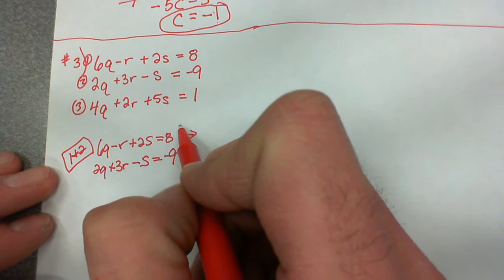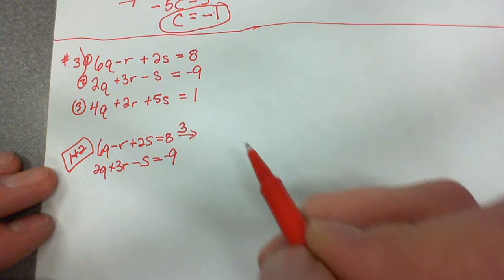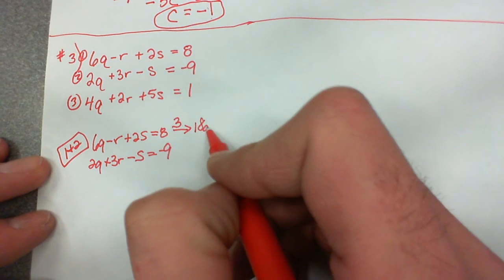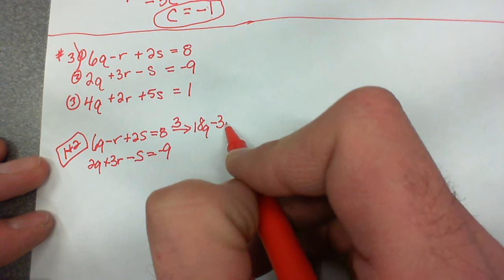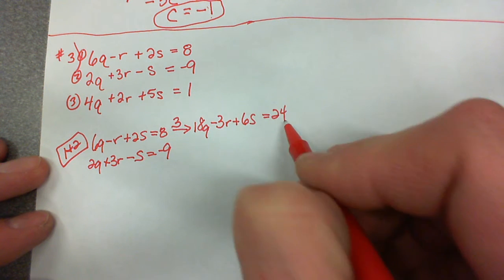And this one we're going to multiply through by 3. And when we multiply it by 3, this gets you 18q minus 3r plus 6s equals 24.